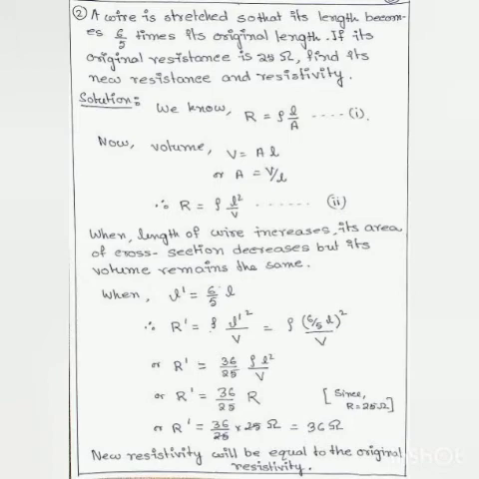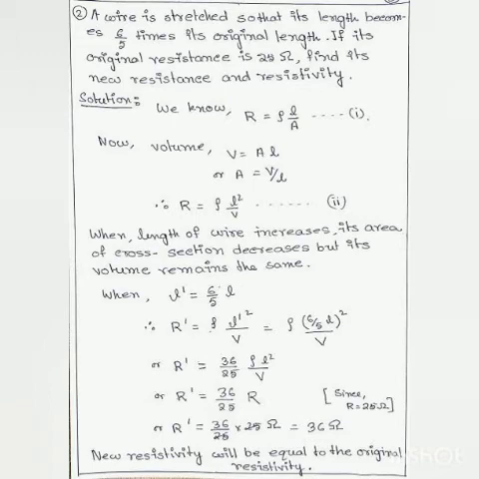Next, a wire is stretched so that its length becomes 6 by 5 times its original length. If its original resistance is 25 ohm, find its new resistance and resistivity. Now we know R equals rho L by A and volume V equals AL.